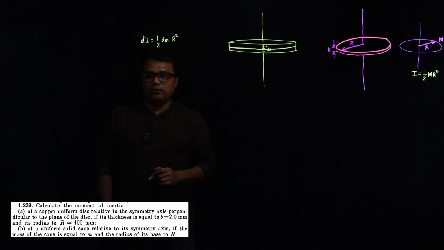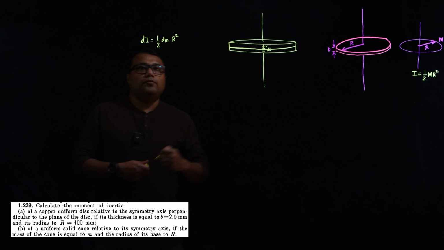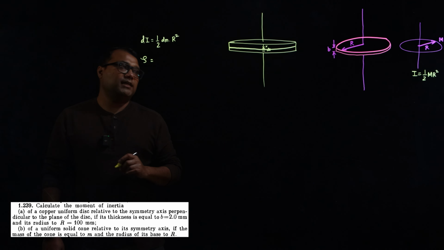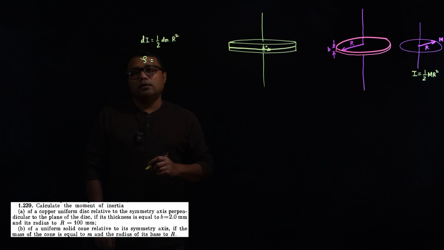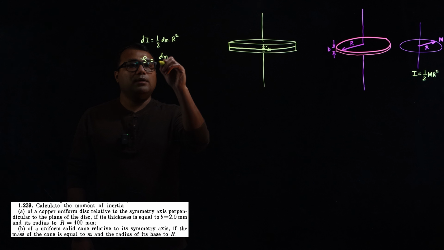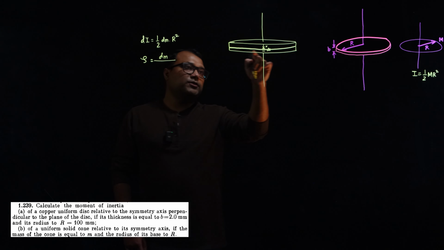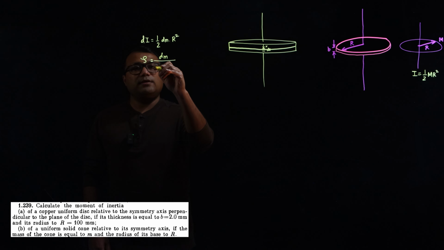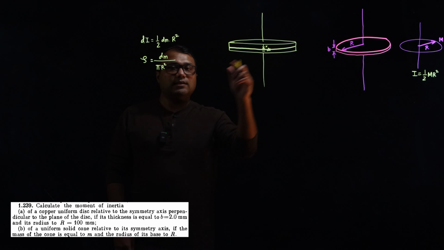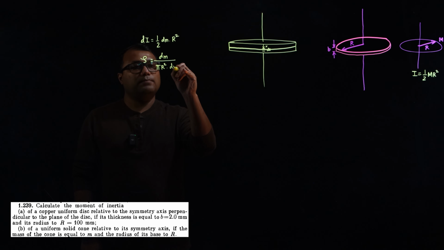Now we need to find out dm. We know density rho is mass by volume. So this mass is dm, and what is the volume of this small element? Its surface area is pi r square and the thickness is dx, so times dx.